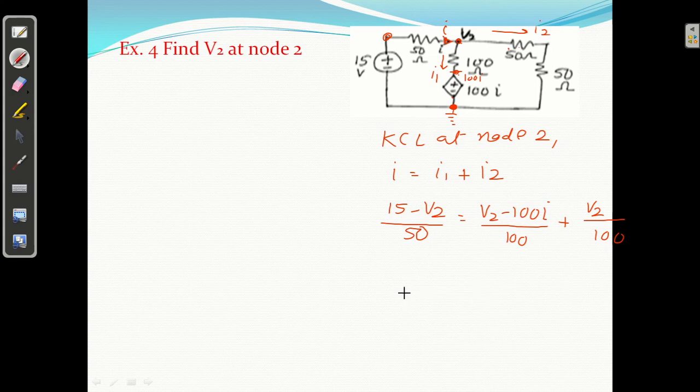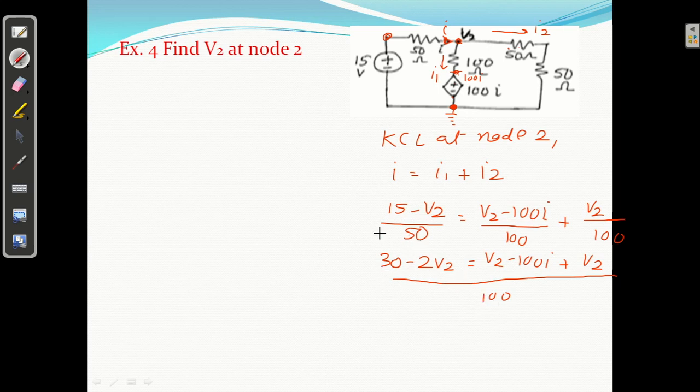So what will we get? Let me take LCM 100. So 100 upon 50 into 15 minus V2 equals V2 minus 100I plus V2, right?